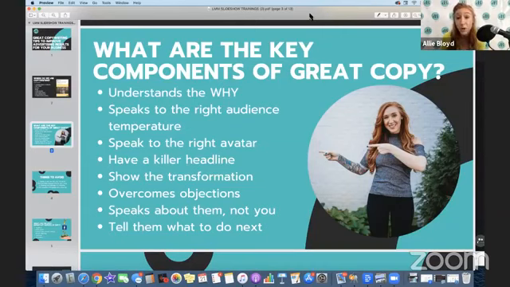So for example, maybe we've got something as simple as children's vitamins. So you're trying to sell children's vitamins and it's got a couple of really key points. Maybe it's all natural ingredients. There's no sugar, no artificial flavors, no GMOs, all the organic, natural ingredients that a lot of parents are looking for.